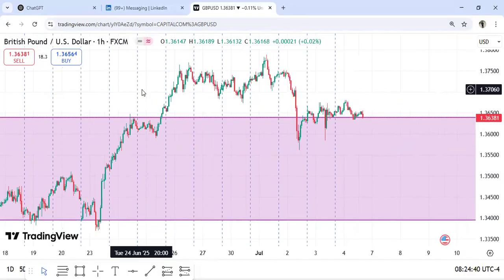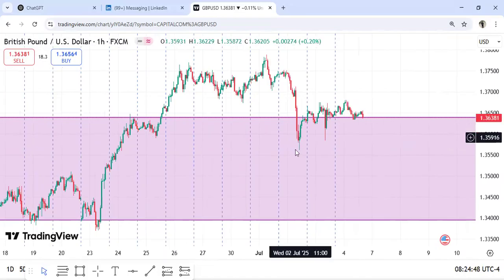Going down to GBP, you can see that right into this area it retested the area again, came out of the area, and then it's trying to retest the same area. Now have this in mind.